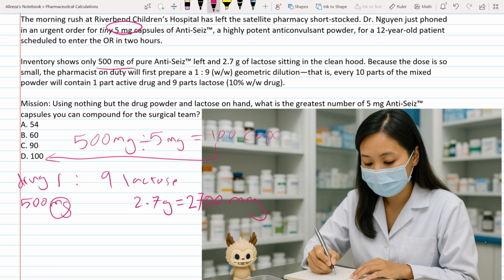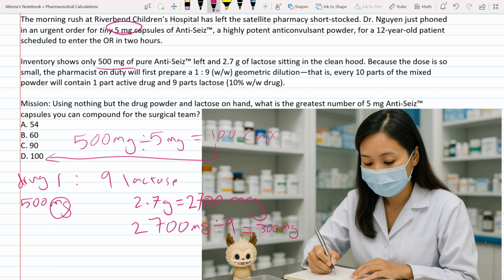So it's easier to say, if you want 9 parts of lactose, if you just divide this by 9, you basically see how many milligrams are in 1 part. So you say 2,700 milligram divided by 9, and you should get 300 milligram.